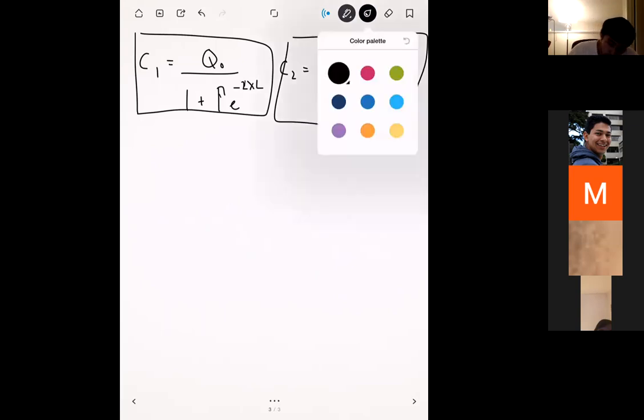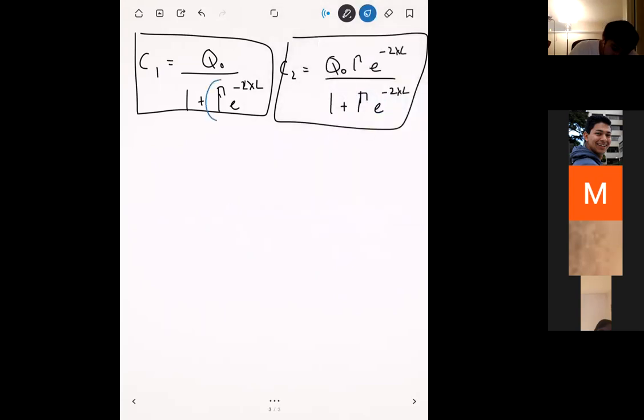Where this quantity gamma right here was known as our reflection coefficient.